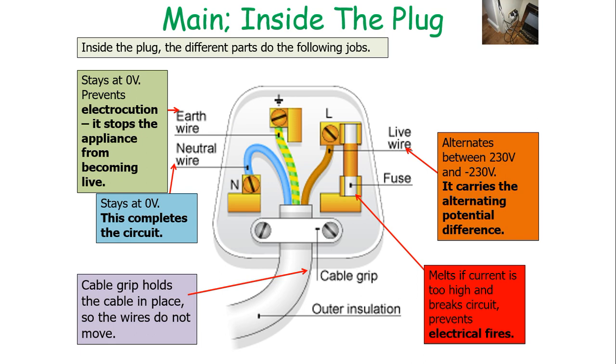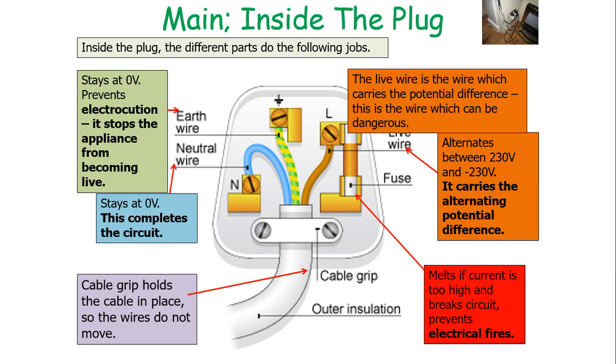You've got the live wire on the right-hand side that alternates between 230 and minus 230, so it carries the alternating potential difference in the circuit. You've got the fuse next to the live wire, which melts if the current is too high and breaks the circuit, so it prevents electrical fires and overheating. And finally, at the bottom, you've got the cable grip, which holds the cable in place, so those 3 wires don't move around inside your plug.